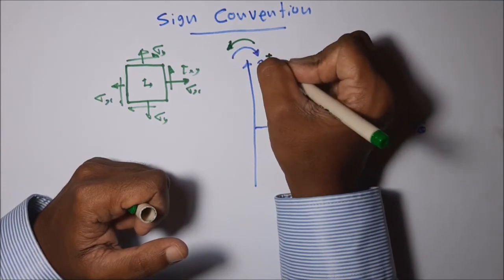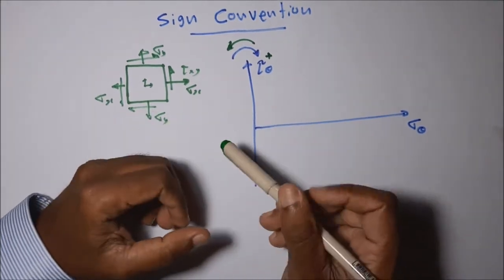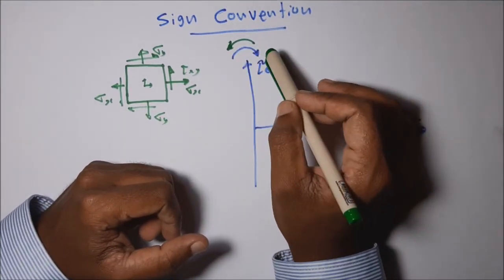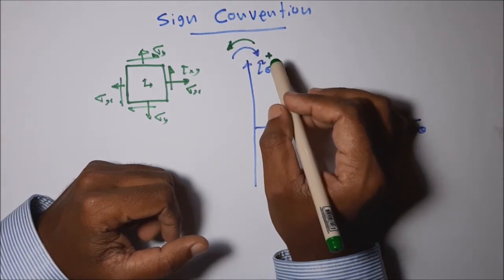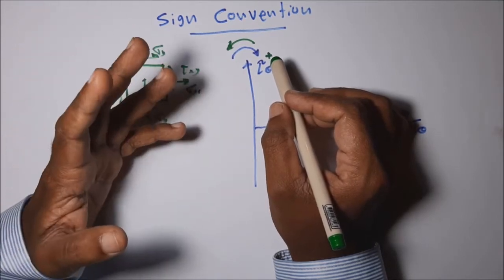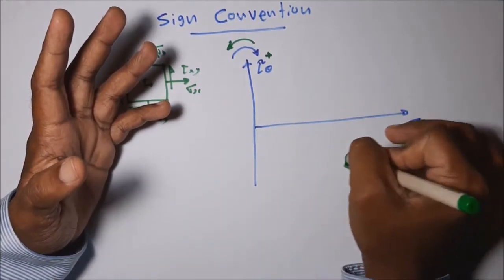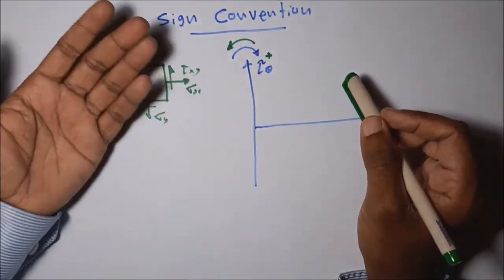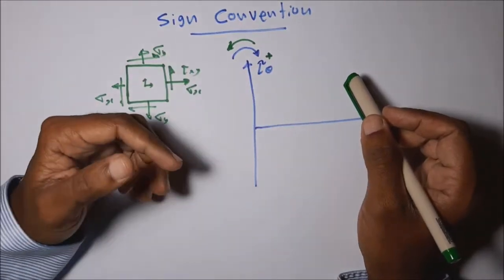But in most cases, in most books and most countries, clockwise shearing stress is taken as positive. If you take the other way around, that also gives the Mohr circle diagram, only the polarity changes.